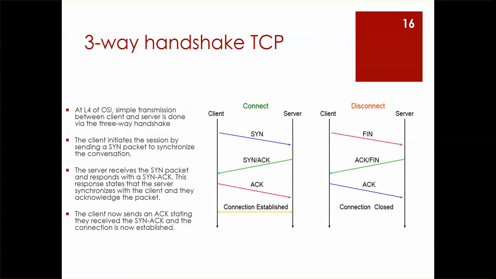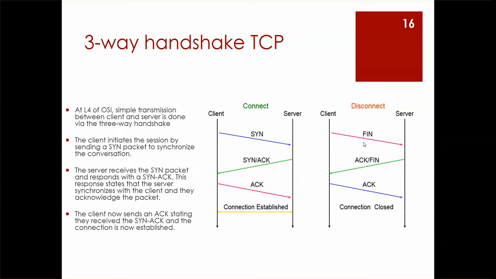Now, if we examine a different example where there's a disconnection. In order to terminate the connection, we have a successfully established connection. The client is finished talking with the server. For example, we've taken all information from the web server. We need to close the connection.